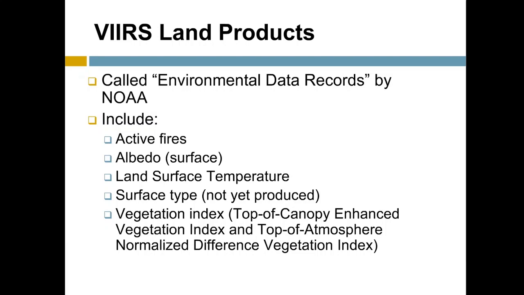The VIEDR consists of two VIs, the Normalized Difference Vegetation Index, or NDVI, derived from the top of atmosphere reflectances, and the Enhanced Vegetation Index, or EVI, derived from atmospherically corrected top of canopy reflectances.